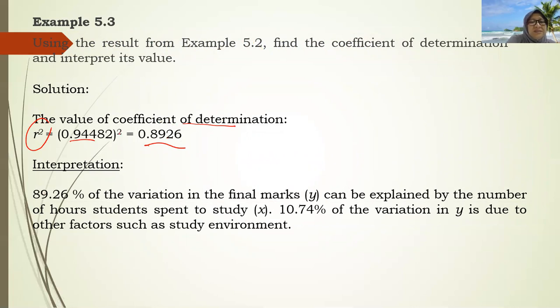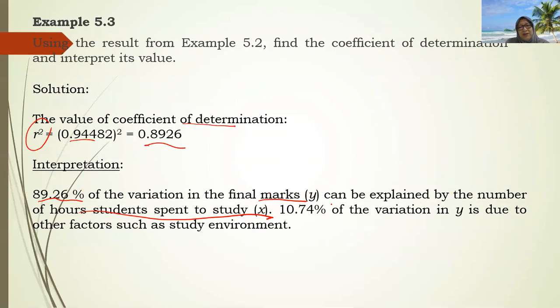We change this into percentage: 89.26% of the variation in the final marks can be explained by the number of hours students spend to study. That is the effect of the number of hours students spend to study, 89.26% of the variation in the final marks.